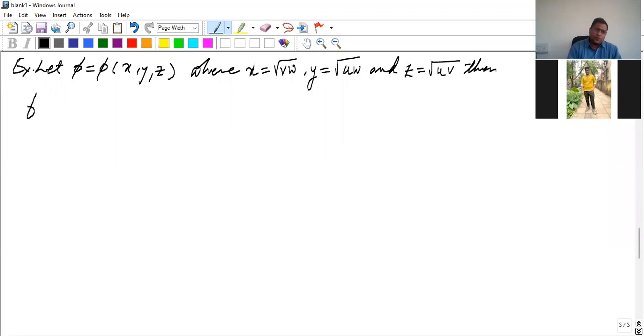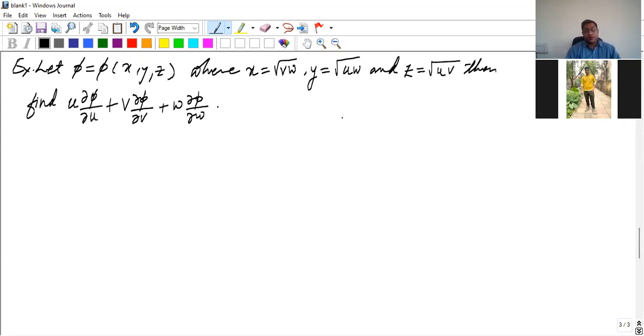Then find u ∂phi/∂u plus v ∂phi/∂v plus w ∂phi/∂w. So this is the question.